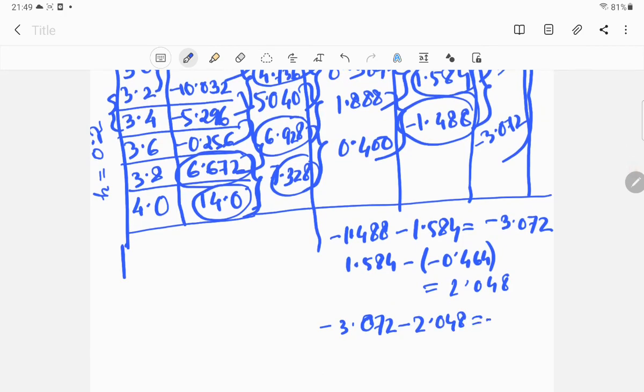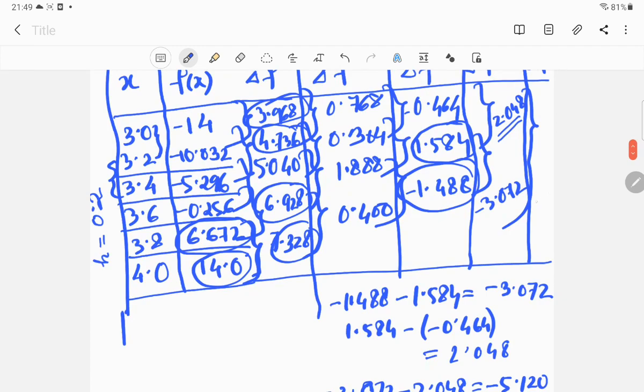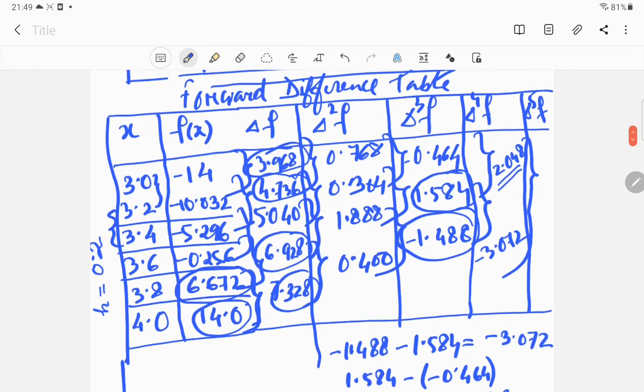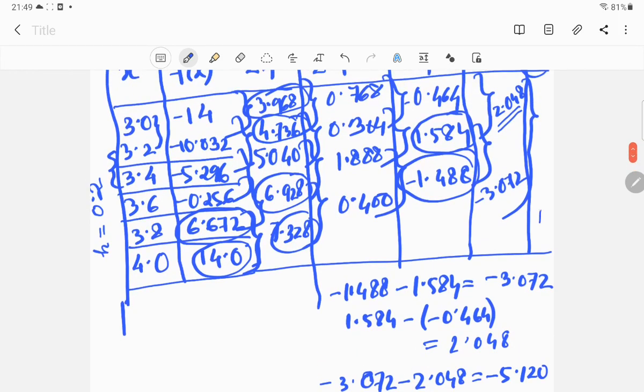It is obviously going to be a minus number, minus 5.120. So the fifth order difference is nothing but minus 5.120.